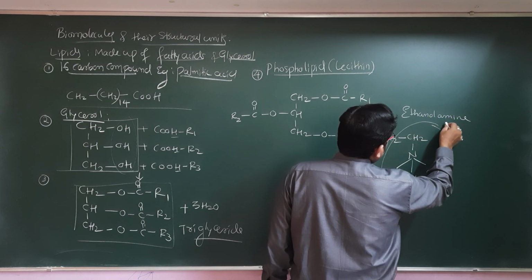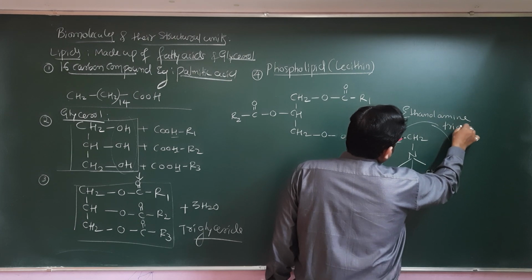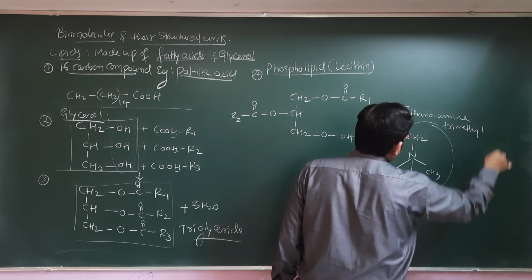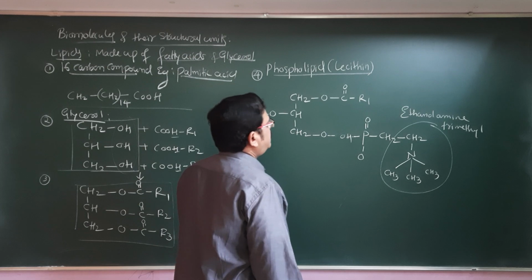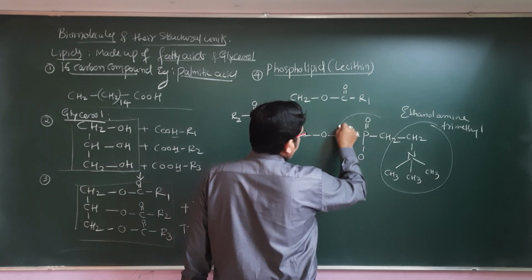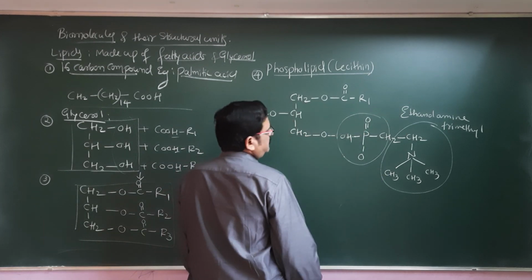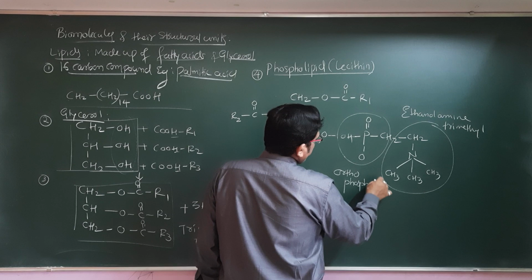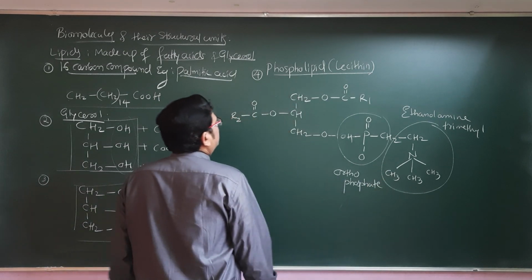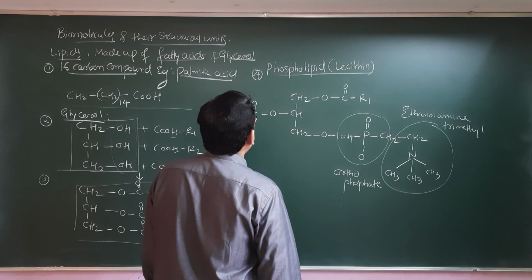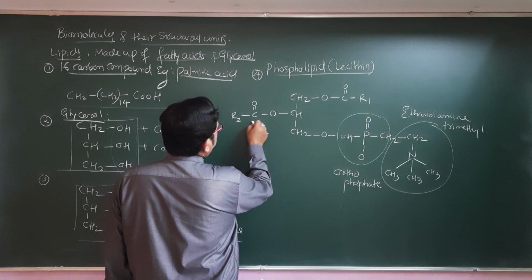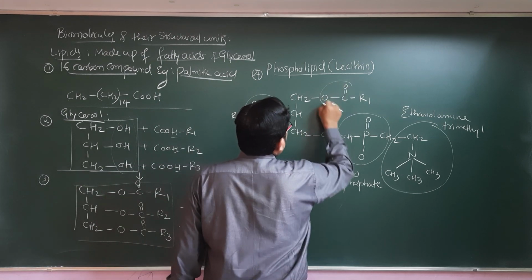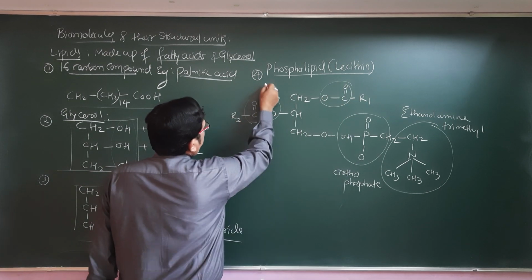There are 3 CH3 groups, so a trimethyl group. Here we find this orthophosphate group, and what we find here is COO on either side. These are the ester groups.